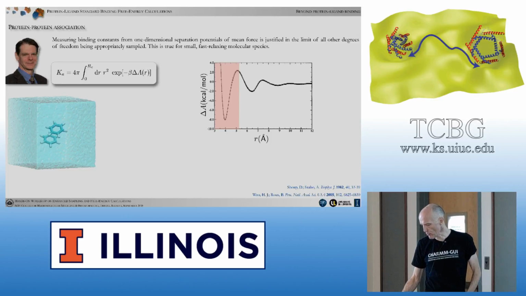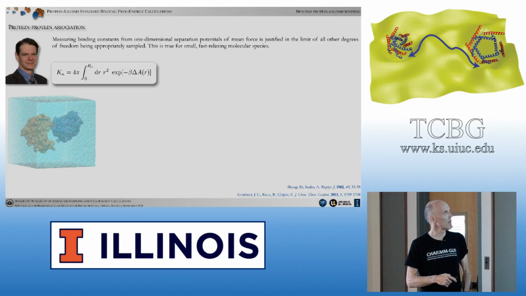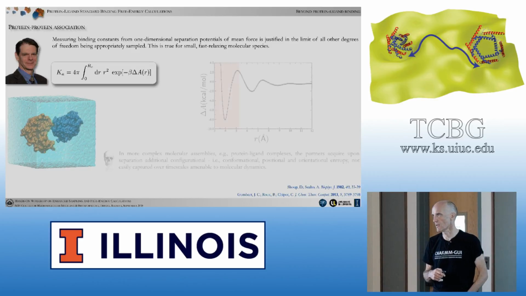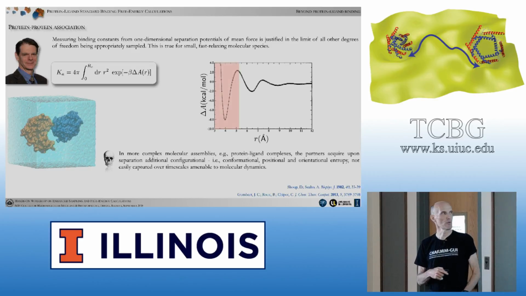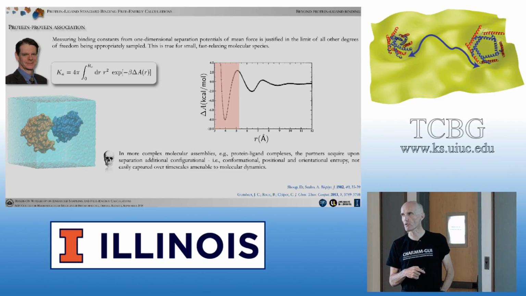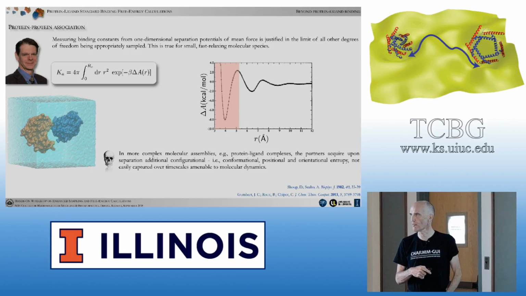The same, unfortunately, cannot be said for two interacting proteins. Unfortunately, you see a lot of studies in the literature of protein-protein binding affinity calculation based on a single potential of mean force calculation, whereby they separated reversibly in a privileged direction the two proteins.